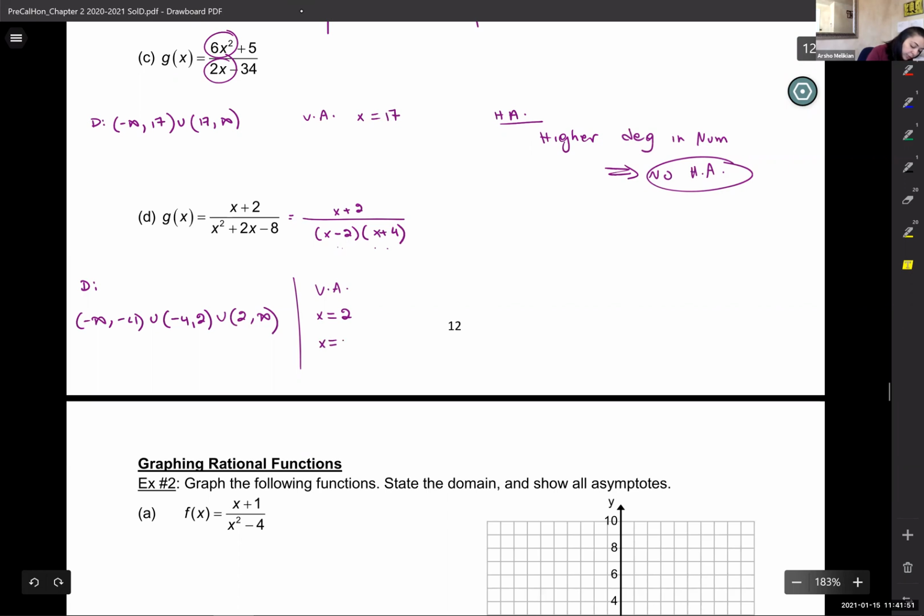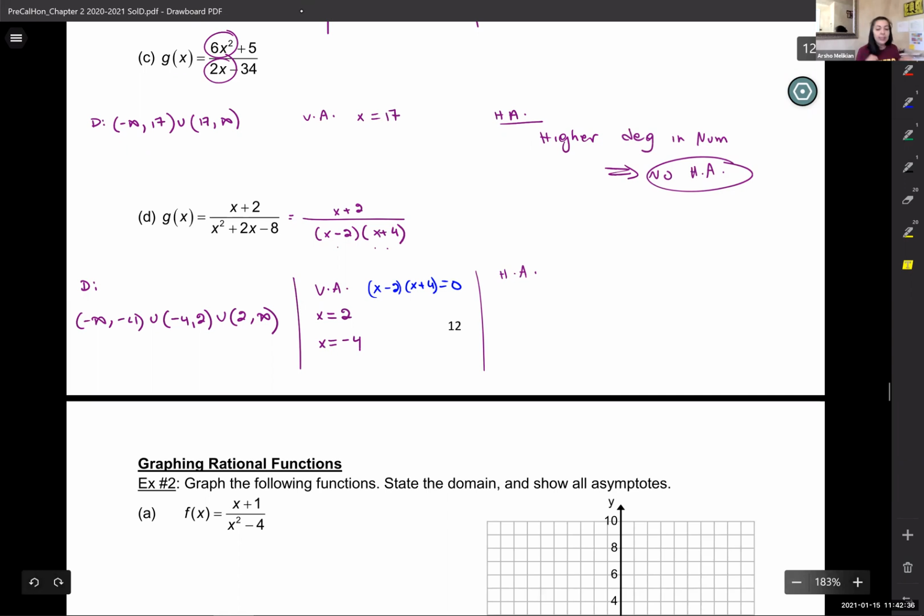So x equals 2 and x equals -4. So to clarify, the vertical asymptote is where the denominator equals 0, and that's at x equals 2 and x equals -4. Yeah, got it.